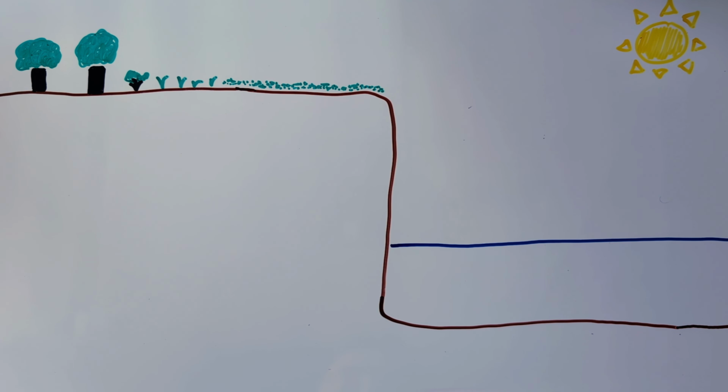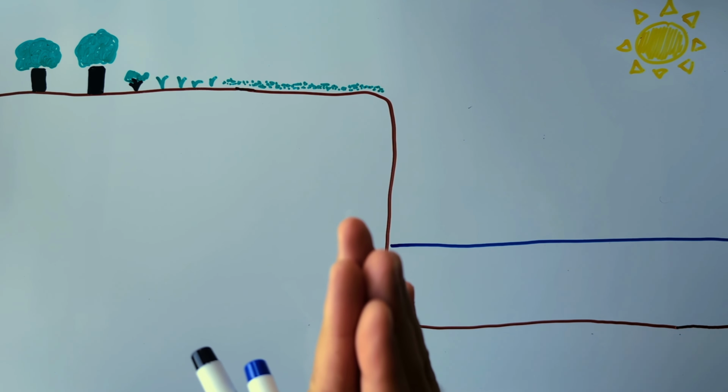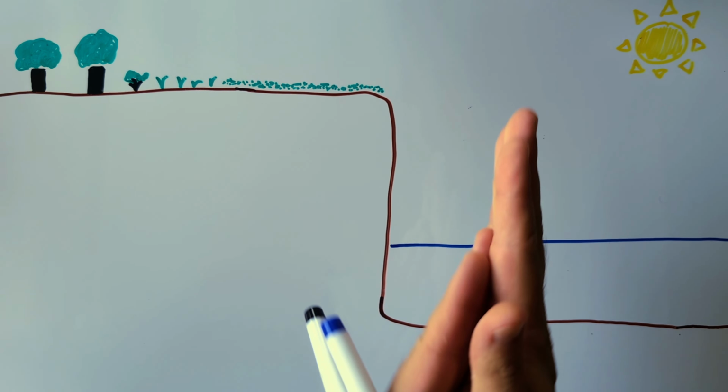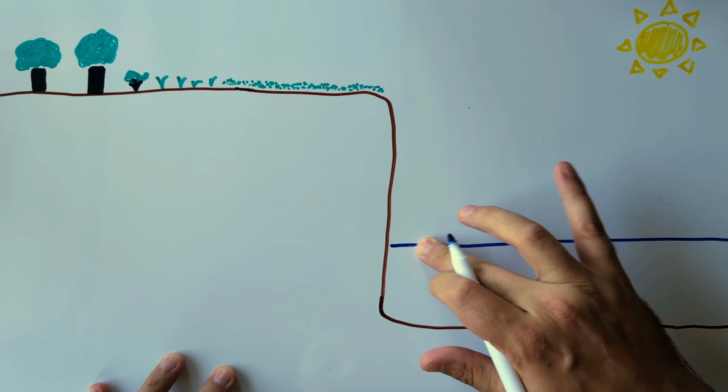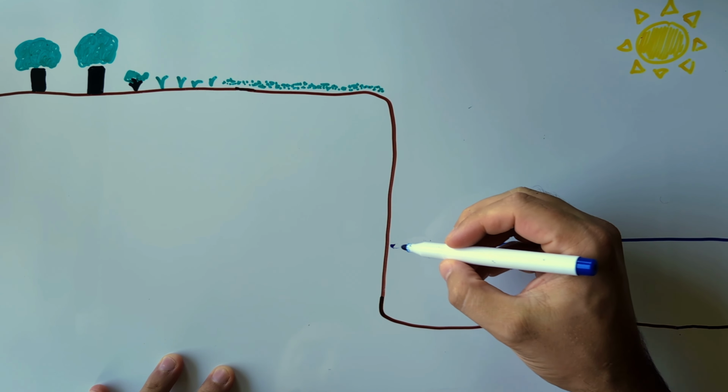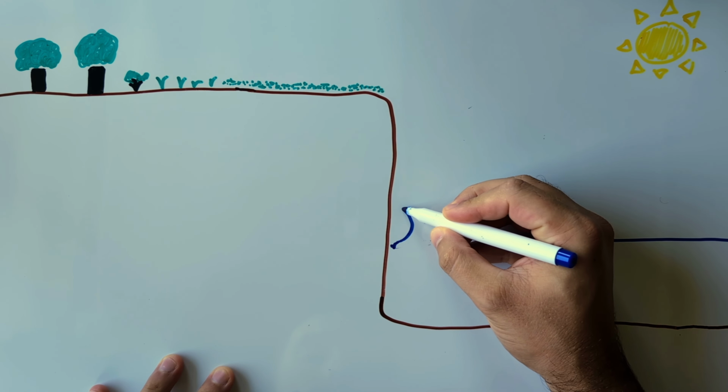So what we see is we have our sea level and we have our cliff. We know that because of the wind created by the sun, friction is going to take place at the surface of our ocean, and it is going to create waves.